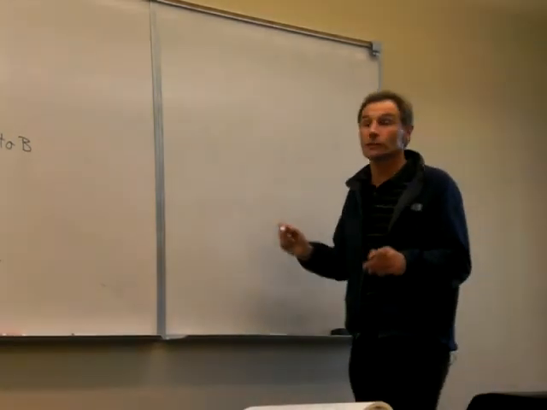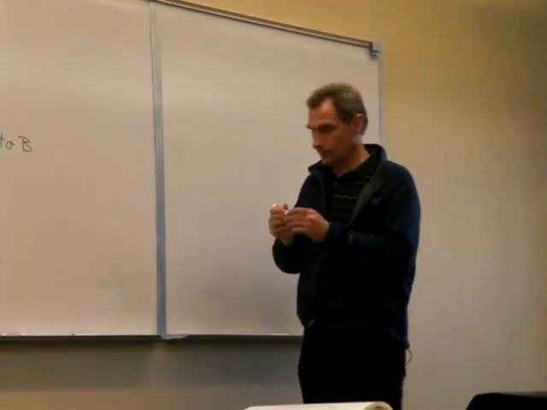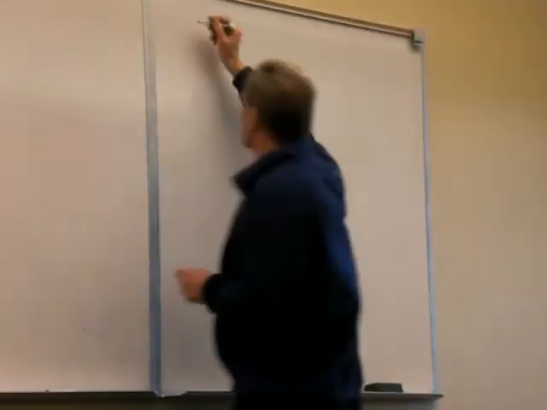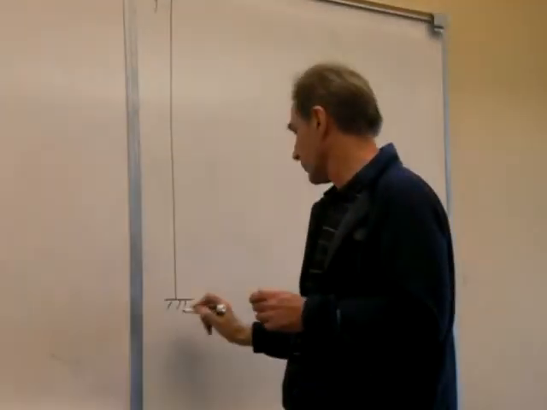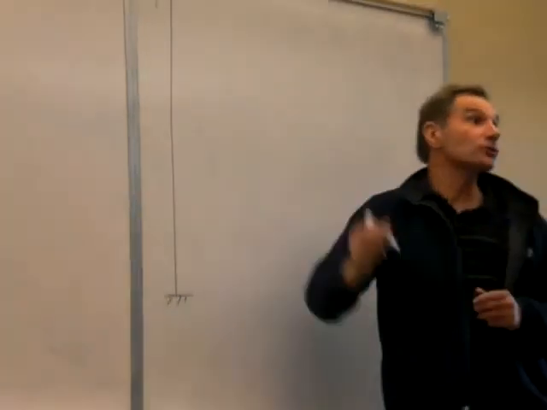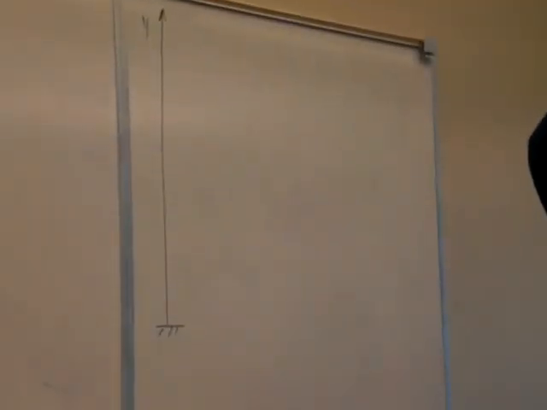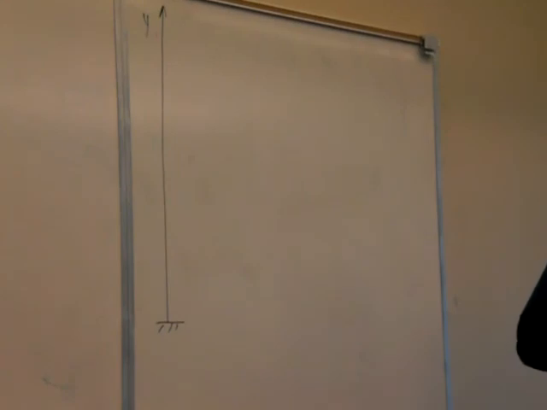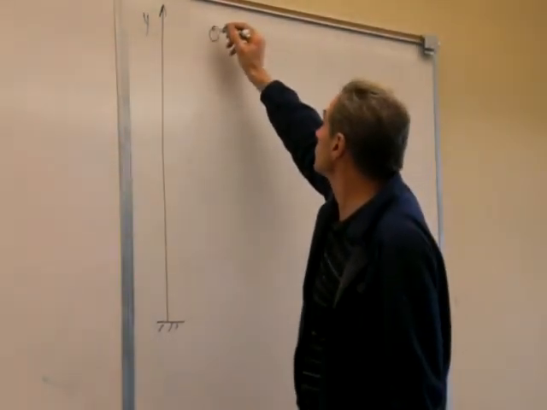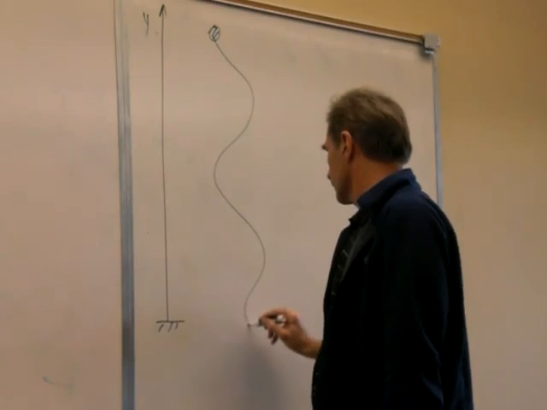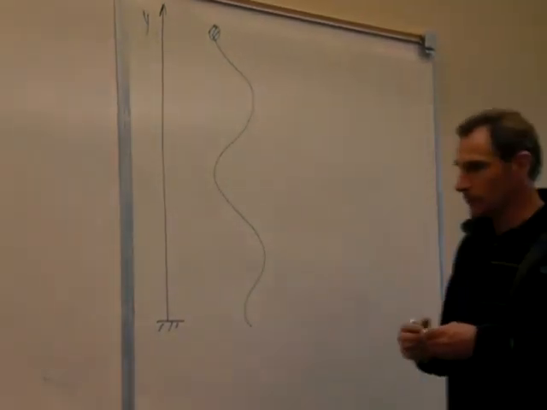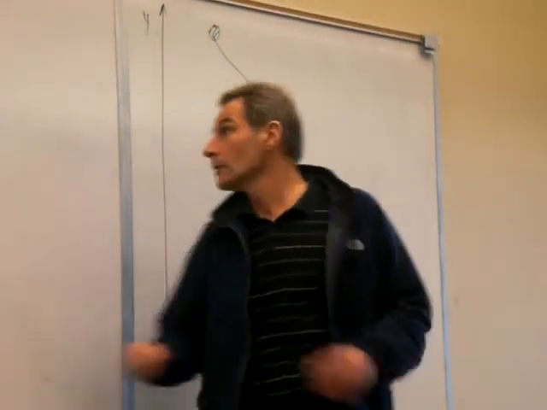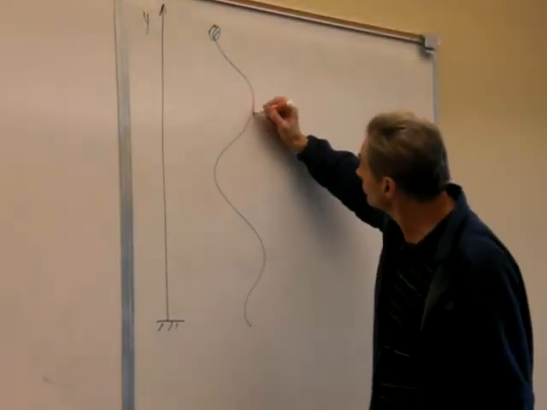So if you imagine an object like a parachute, this would be our y-axis, this is the ground, and let's say you have something that is dropped from a plane from a high altitude, and you want to know what is the work done by the weight. So you might have the object that does this, because of the wind or whatever. So you could ask, what is the work done by the weight? Well, the weight is always vertical, of course.